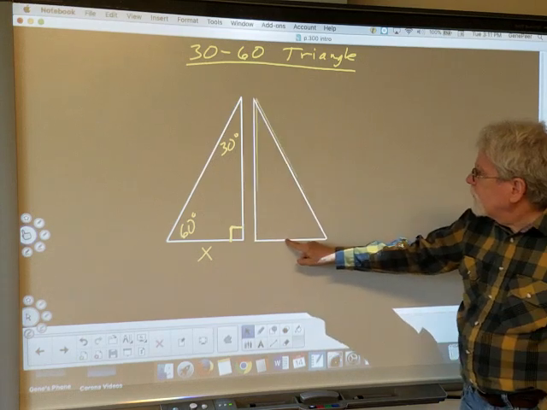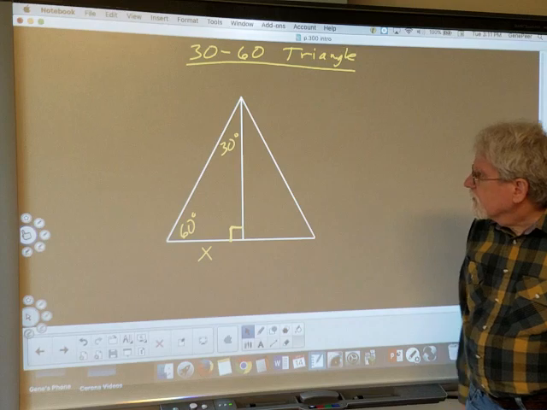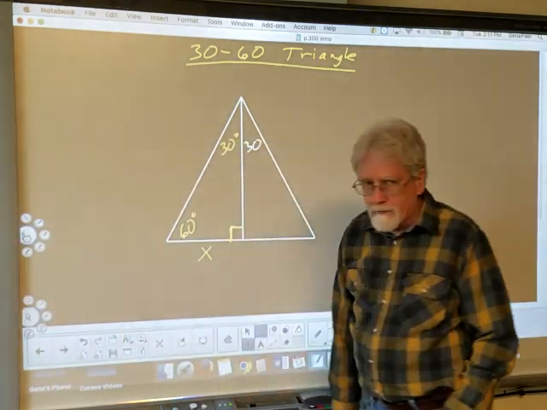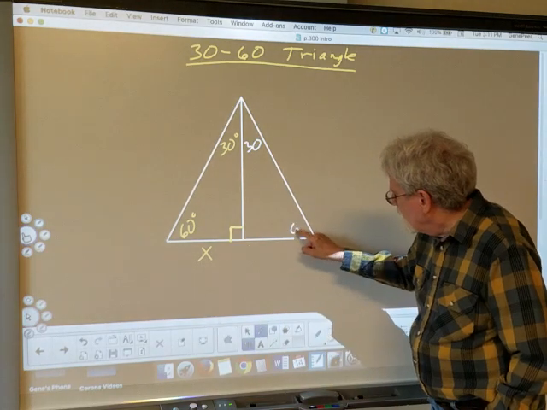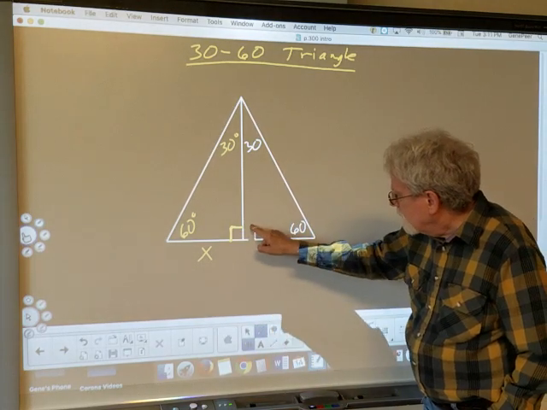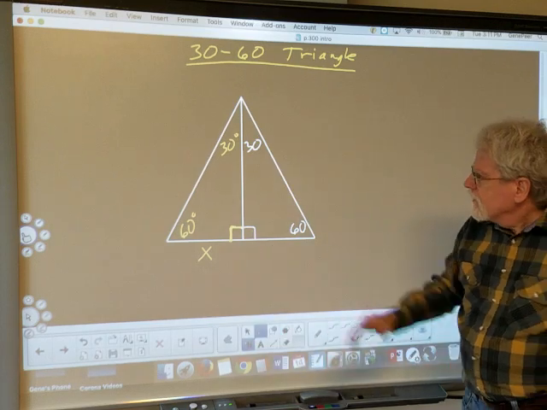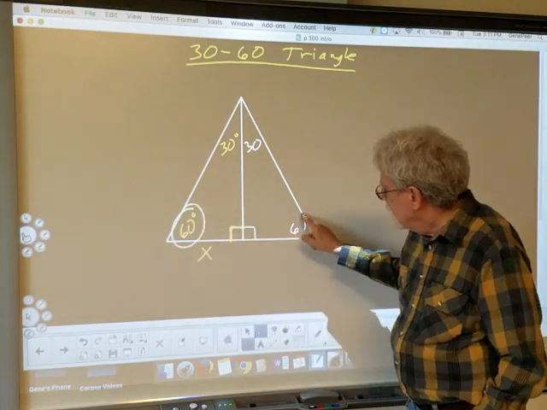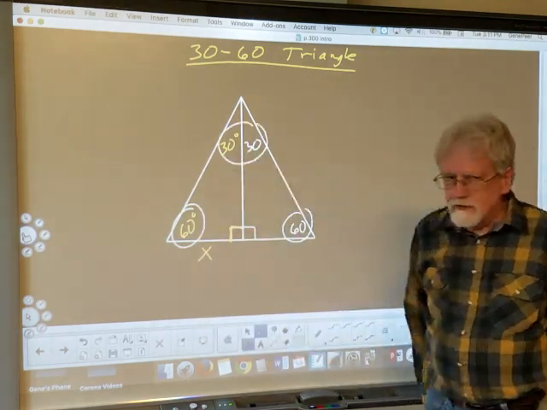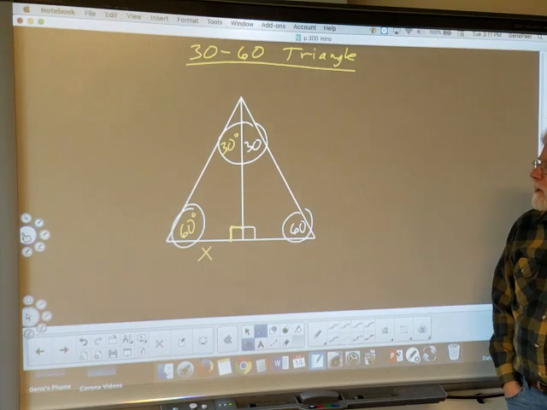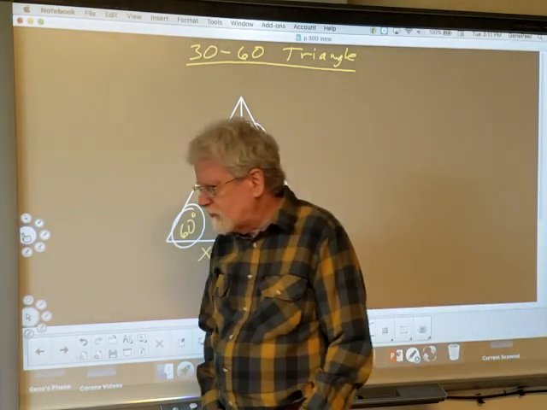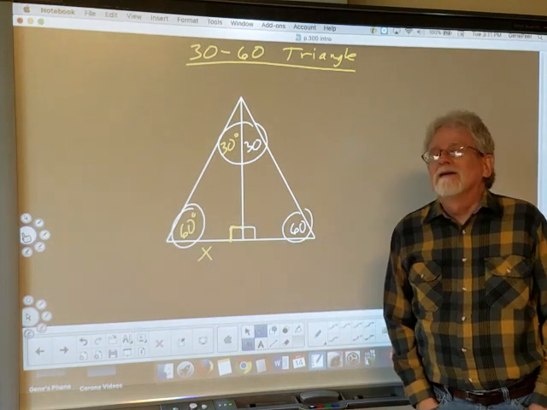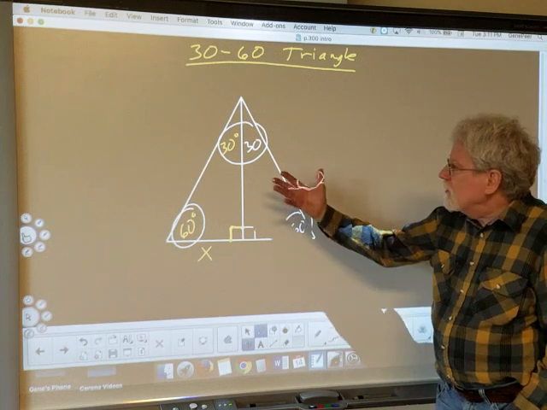If I put the two triangles together like this, then I have myself what kind of triangle? 60, 60, 60. That's an equiangular triangle. But we saw a long time ago, back in some previous chapter, that equiangular triangles will also be equilateral. This is an equilateral triangle.